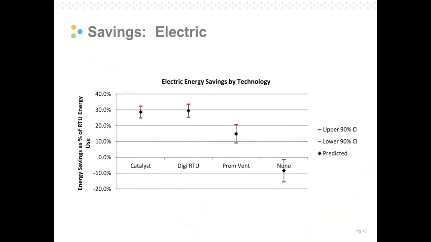There were a number of rooftop units that were not capable of being optimized, and we monitored those for their consumption patterns to see if they increased or decreased their energy use as a result of the optimization packages. And in all cases, the units that were not optimized did use more energy, which is a significant finding from our results.